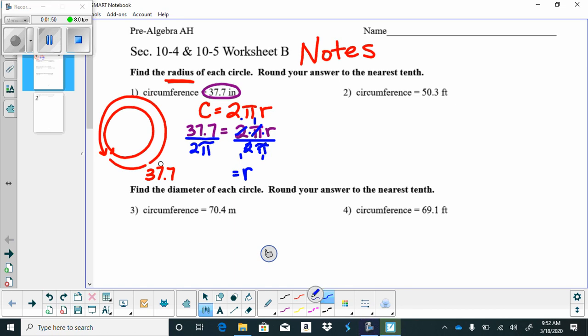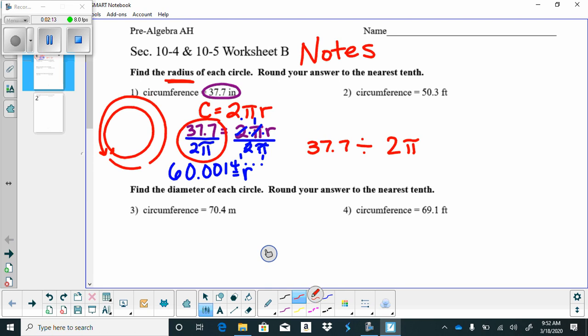Okay, if you did not get 6.0014... you did something wrong. Think about it. You are taking the numerator, which is 37.7, and you are dividing by the whole denominator. You can't just divide by 2 pi.